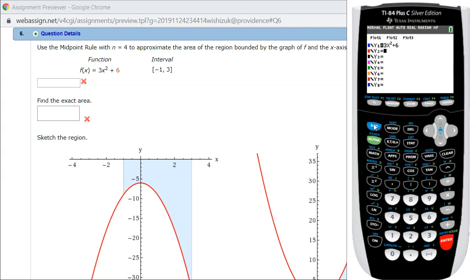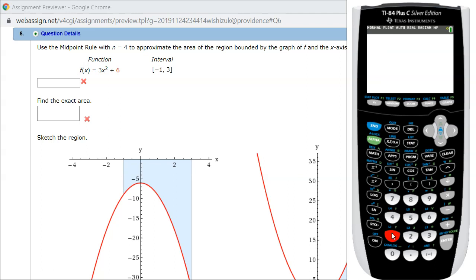I'm going to go back to quit and the original screen. Then we're going to have to find this function, so I hit the vars, then go to y vars, then choose function, and you can see that y1 shows up here.